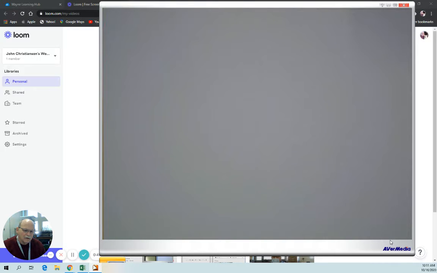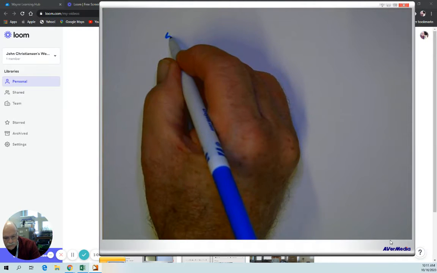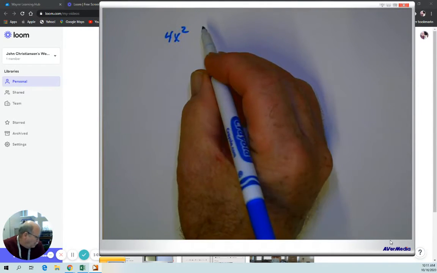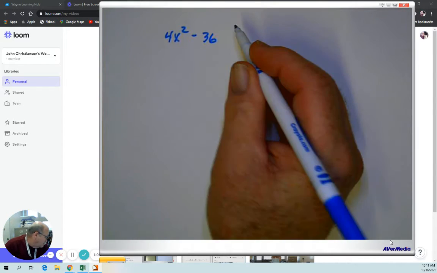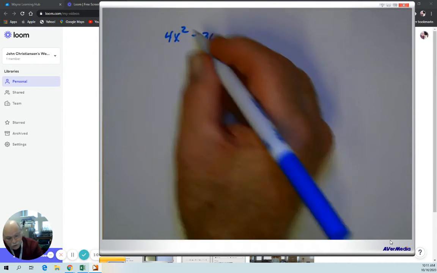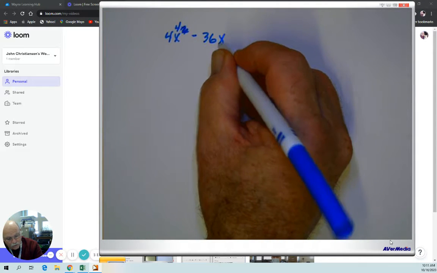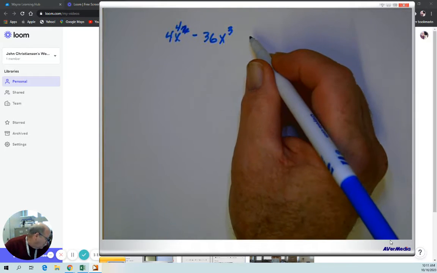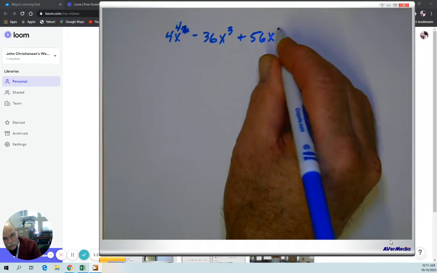You need to first make sure that you factored out a GCF if there is one. So a good example: x squared minus 36. Actually, we're going to make this 4x to the fourth minus 36x to the third plus 56x squared.